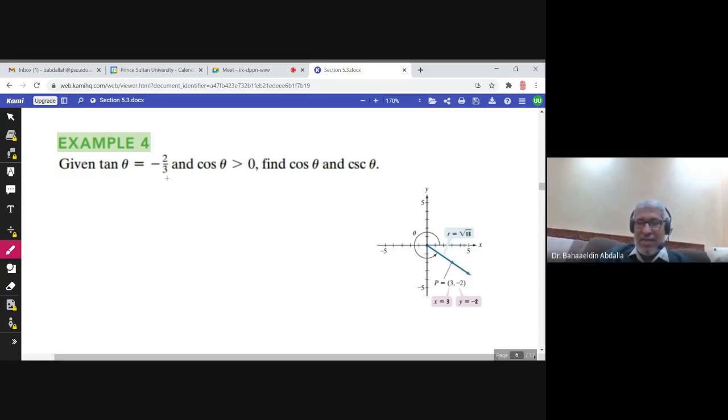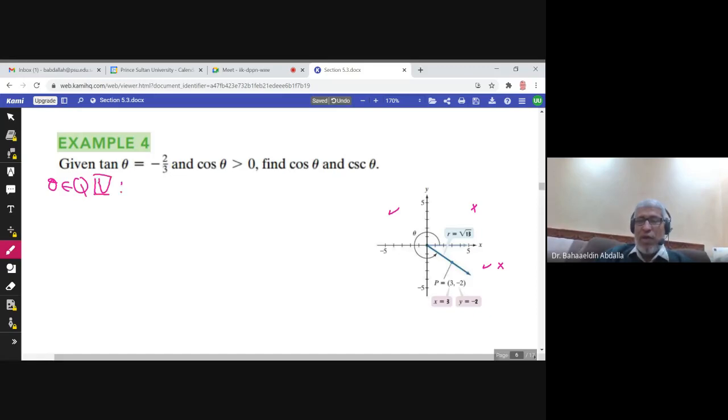So tan is negative here and here. Cosine is positive here and here. So the only quadrant in which tan is negative and cosine is positive is quadrant 4. So I know now that theta belongs to quadrant 4.